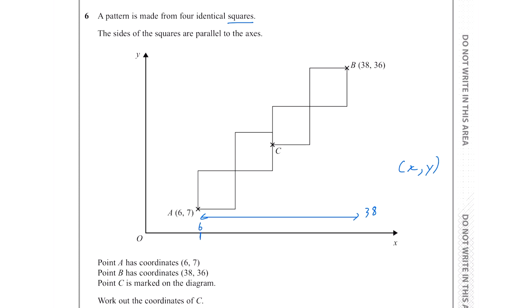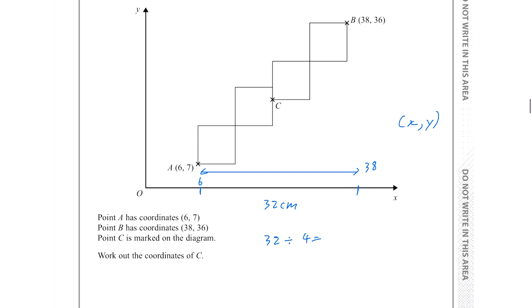So this coordinate, that there, and that there. I can subtract the 2, so I can do 38 minus 6, which gives me 32. So I know now the total length of 4 squares is 32. So that would be 32 centimeters. Now to work out the length of one square, I can divide that by 4. So I can do 32, divide that by 4, and that gives me 8 centimeters.